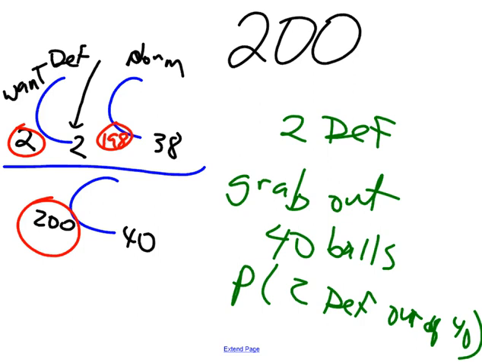Okay. Yes? So why wouldn't we do like the 40 C 2 and then the percentage of getting the defective one? How about this? If you want to see if that way works, I will admit there is more than one way to do these problems sometimes. I don't want to try to explain more than one way because people can mix up the ways.